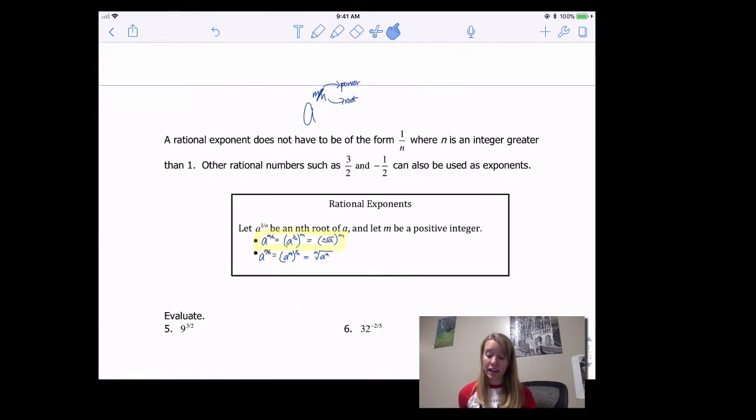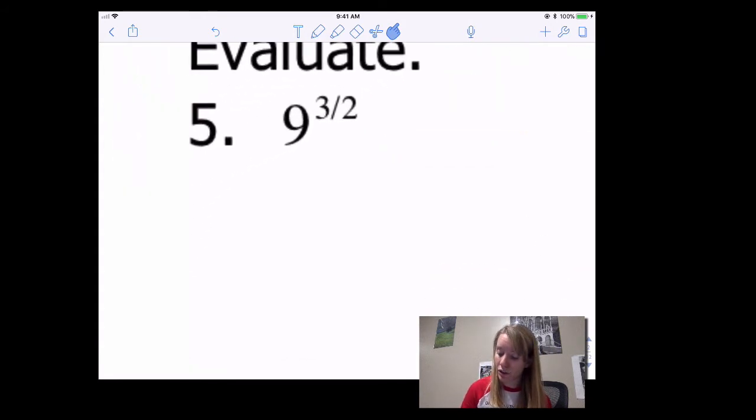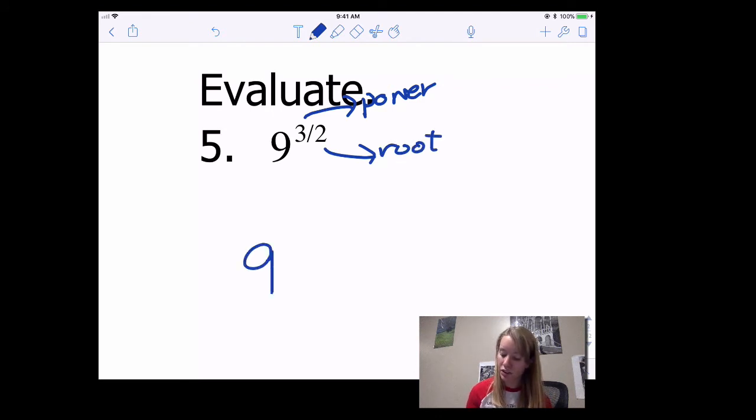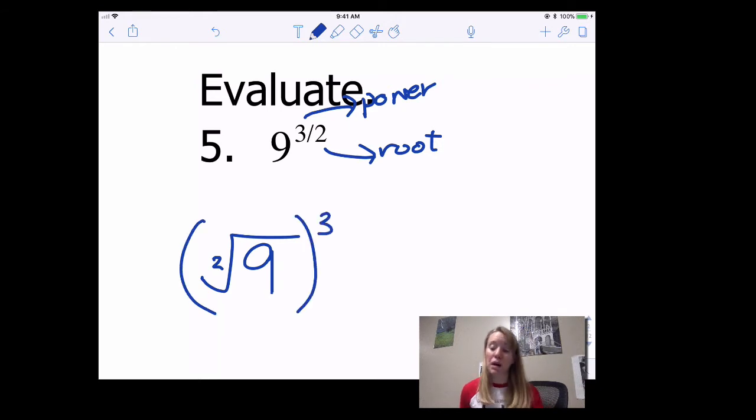Number 5 says 9 to the 3 over 2. So this is the third power and the second root. So I'm going to write this as 9, the second root, raised to the third power. Okay, that comes from our properties up in the box.